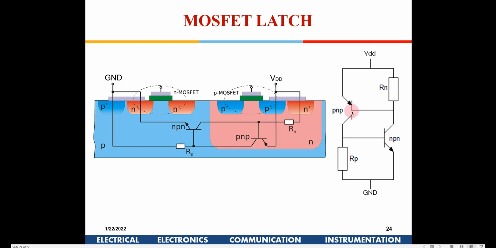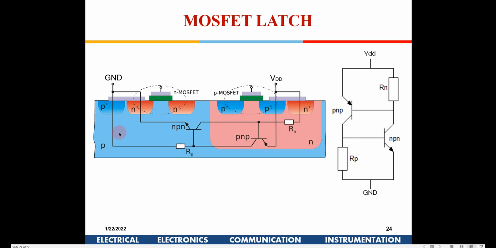So there are a few things which we need to do to avoid such latch-up. First thing is we can remove this RP and RN. That is why we keep putting taps at regular intervals. So we just remove this RN and RP, so that this potential is always at VDD. And if we ensure that RP is not there, then this will always be ground.